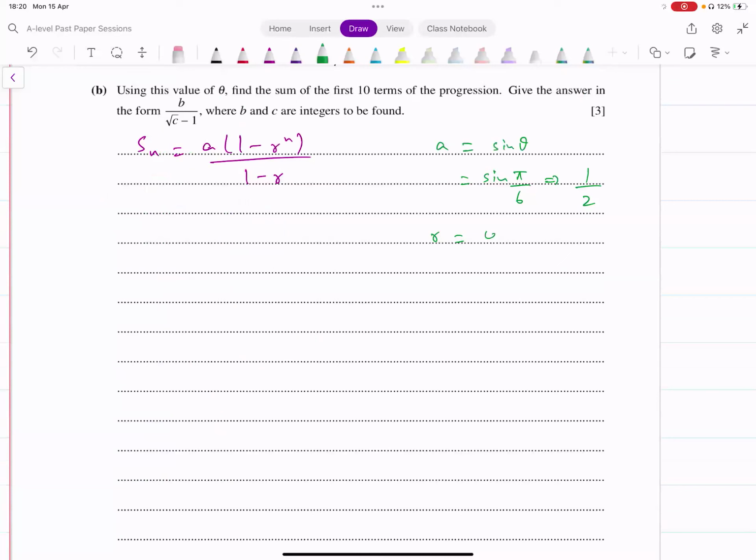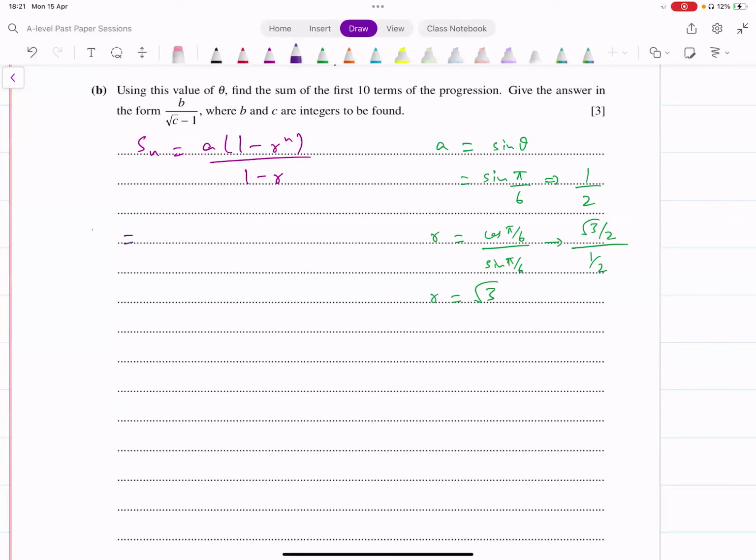That's going to give me cos of pi over 6 over sine of pi over 6. Now, what's cos of pi over 6? Cos of pi over 6 is under root 3 over 2. Sine of pi over 6 is 1/2. 2 and 2 get cancelled, and we're left with r equal to under root 3. So we have the value of a, we have the value of r. Just input them in the formula that we've got and see what that gives you.